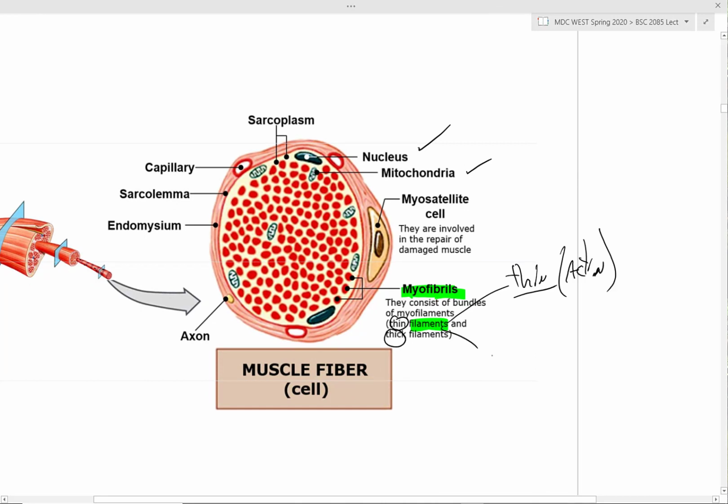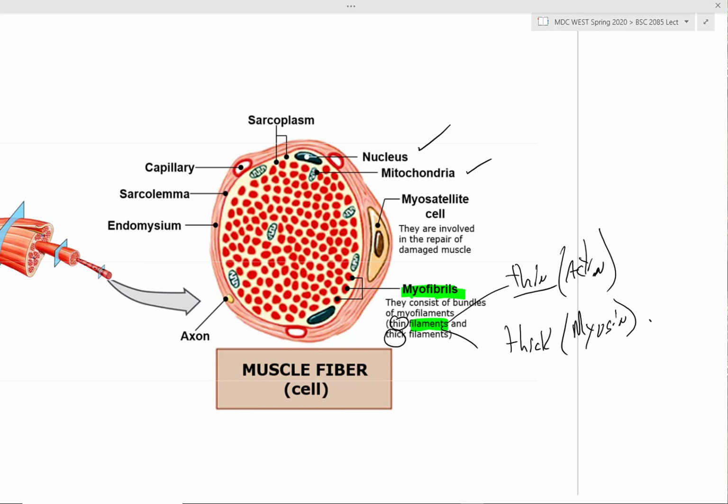If the filaments are thick, we call them what? Myosin. So inside the muscle fiber cell, you have the myofibrils, and they are either thin or thick, either actin or myosin.